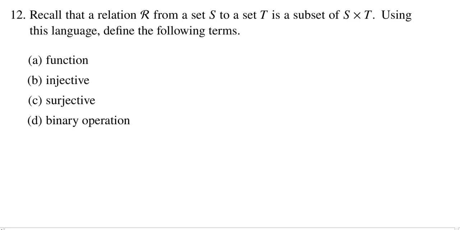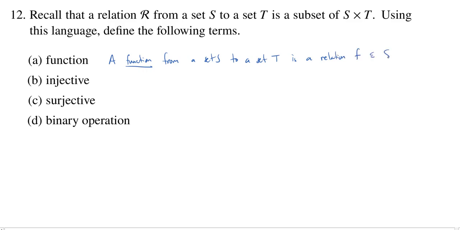So let's start with function. A function from a set S to a set T is a relation. So it's a subset of S cross T. So it's a relation, and let's call it F, because why not?